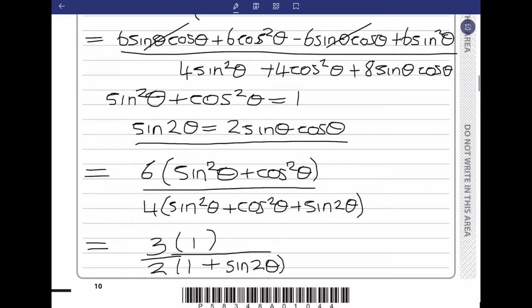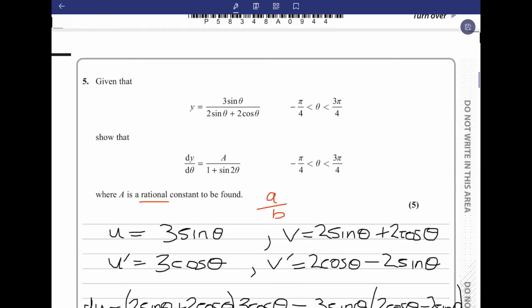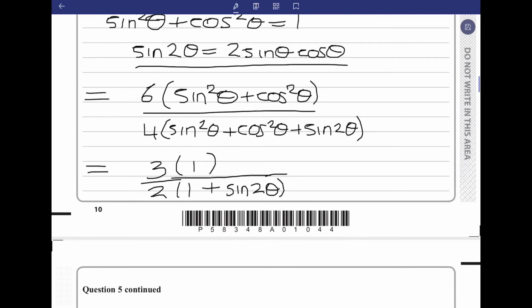Now you might be tempted to expand these brackets out and call it a day there, but recall that the number a has to be rational, which means it has to be a fraction. So we still have a tiny bit of work to do. So right now we have 3 on the top over 2, 1 plus sine 2 theta.